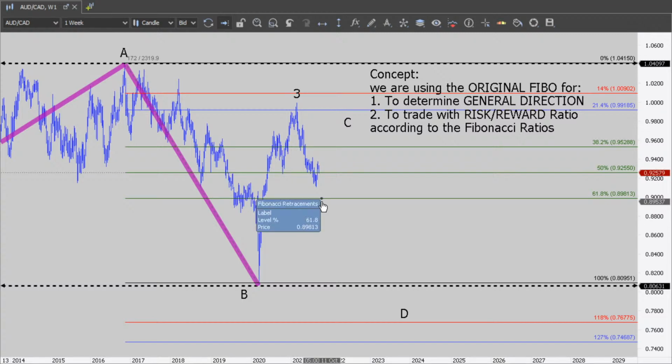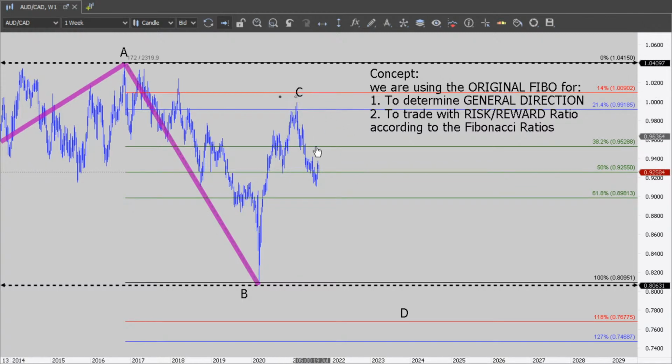Question: should we be long or short on the weekly Fibonacci? And this is the original one. We are going to learn about the contrarian and the Fibonacci of the confirmation.